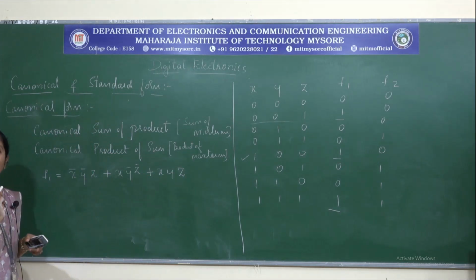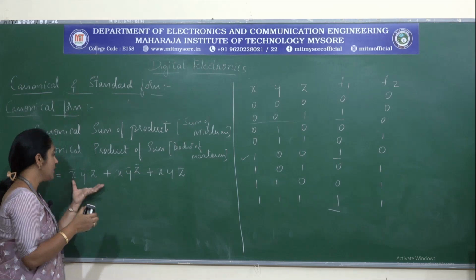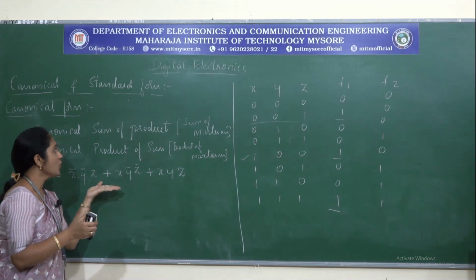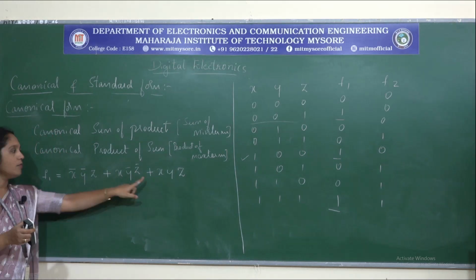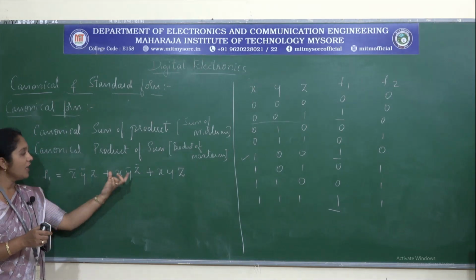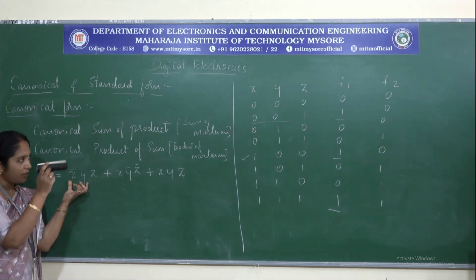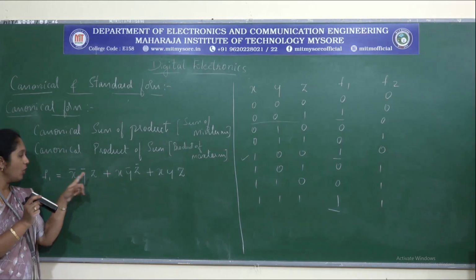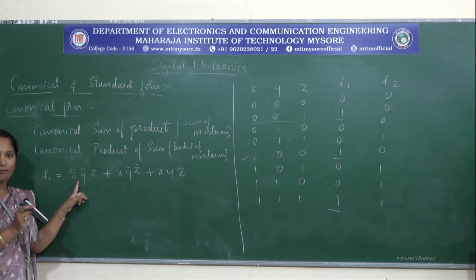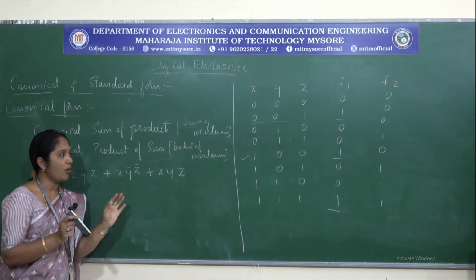These are the combinations which will result in logic 1 for the output, either this or this or this. This is called sum of product terms. And you can observe each and every product contains the 3 variables either in its original or complemented form. So this is called canonical sum of product.